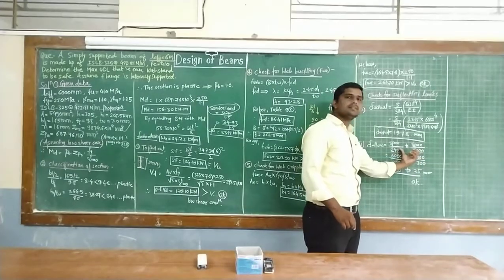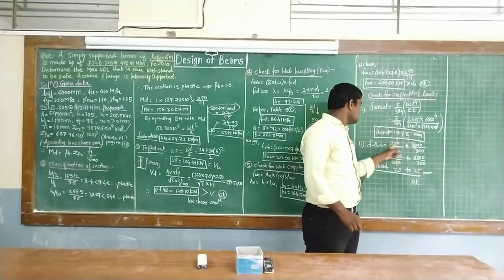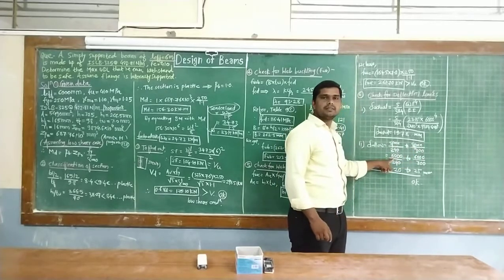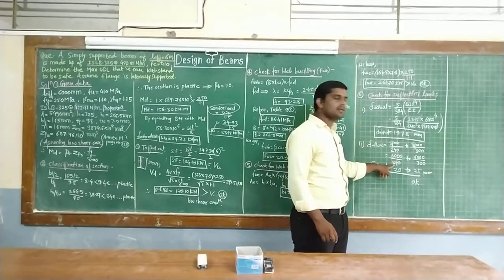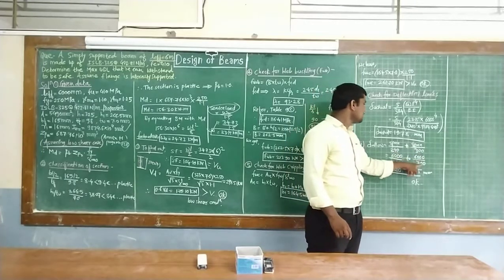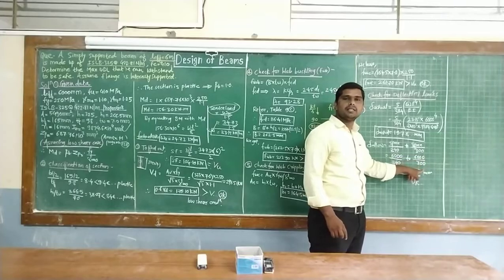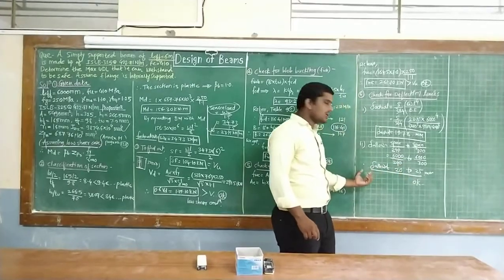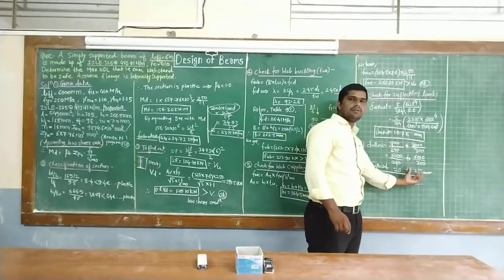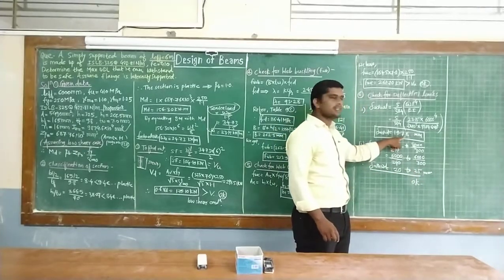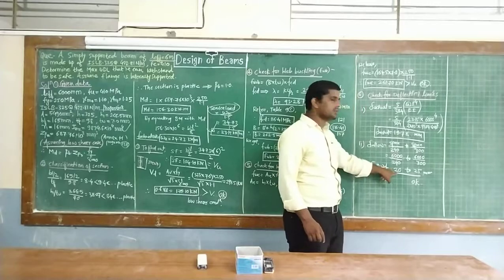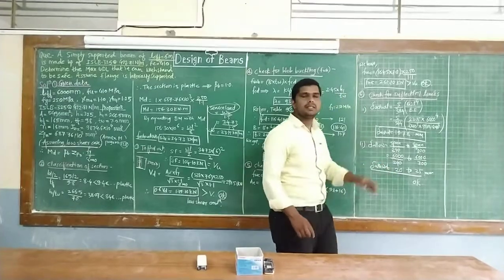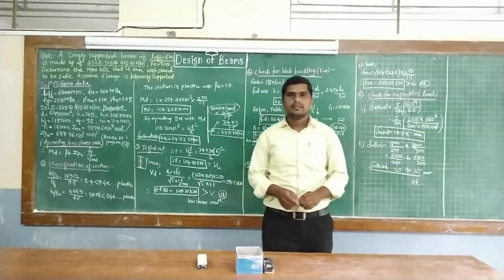This range is given, so by substituting span as 6000 mm, that is 6 meter, divided by 242, or 6000 divided by 300, the allowed deflection is in the range of 20 to 25. Our answer is 19.78, which is less than 20. So it is safe under the deflection limit.